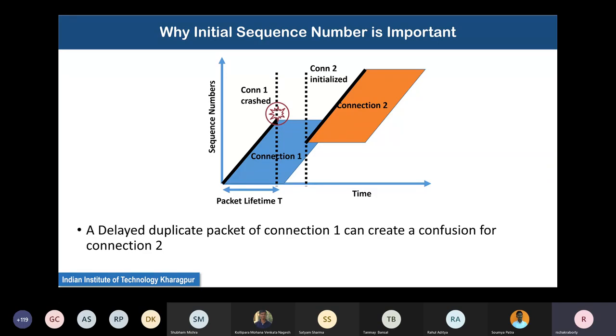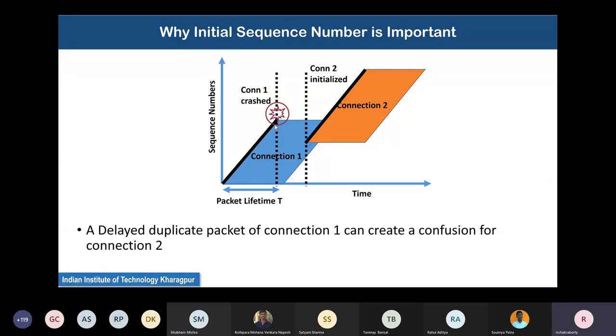Suppose connection 1 between some client and the server starts. The sequence number is plotted along the y-axis, and time is along the x-axis. Notice how the sequence number increases. Suppose the initial sequence number is 0. This black straight line starts from the origin.